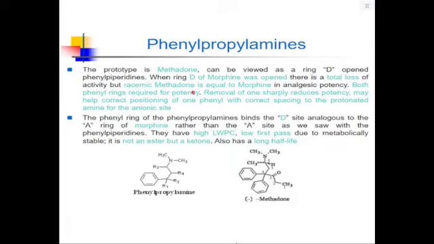We are just comparing that when you look at the phenyl ring of the phenylpropylamines, it will bind site D. That's the phenyl ring, just like ring A of morphine was binding site D. So we are saying, yes, we have opened up the molecule, but we have still retained the phenyl ring, and that phenyl ring is able to bind site D just as the phenyl ring of morphine was able to bind site D. It's only if we change that structure that we will have differences in binding the receptor.